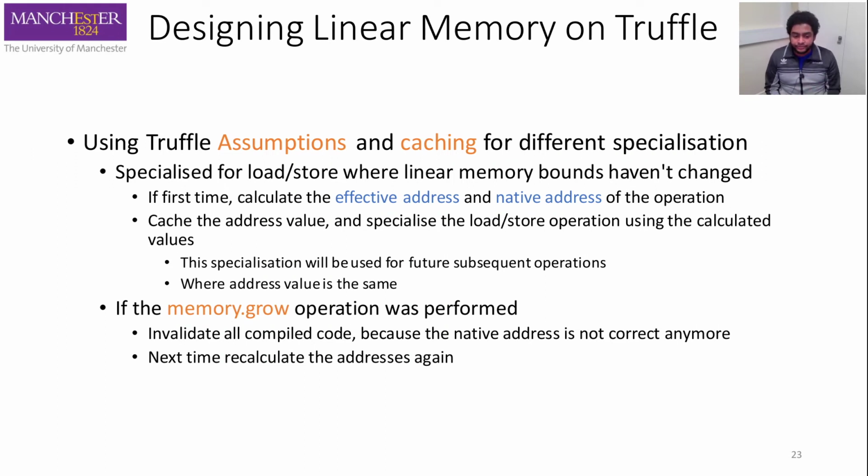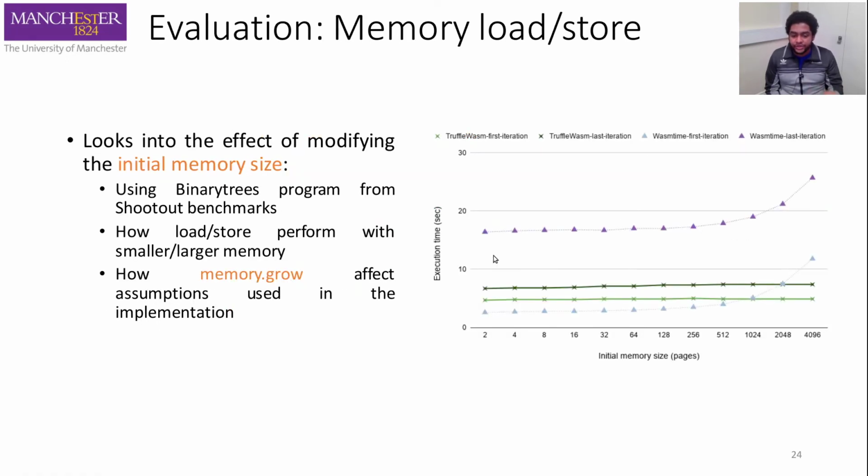We have tested this. We have taken the binary tree program from the shootout benchmark, which performs many memory growths throughout the execution. We're experimenting with this by changing the initial memory size. By default, Clang, for example, initializes the page size to 2 at the beginning of the program, and this can then be grown multiple times. We compare this with the execution time.